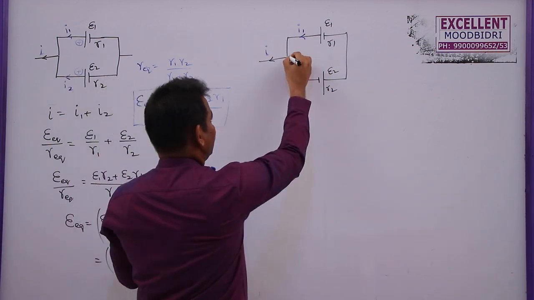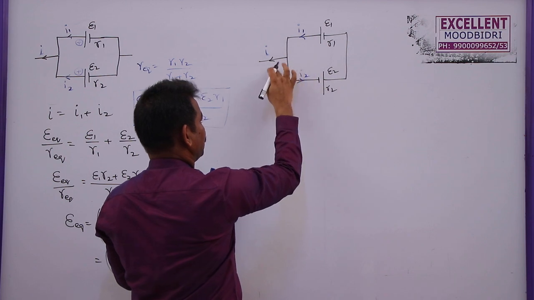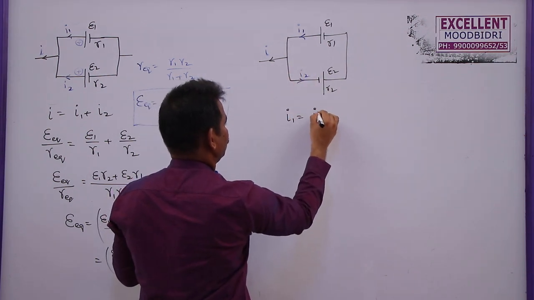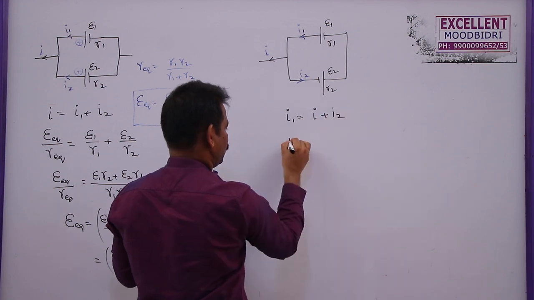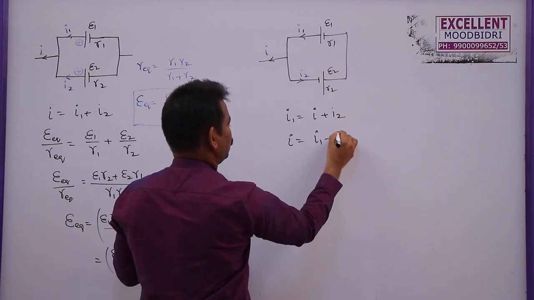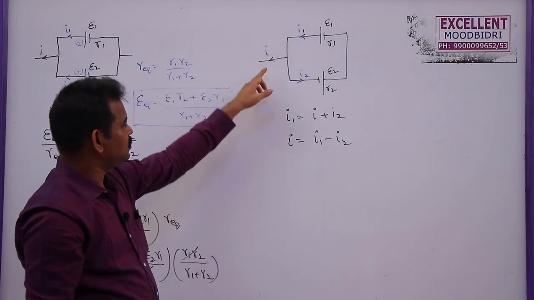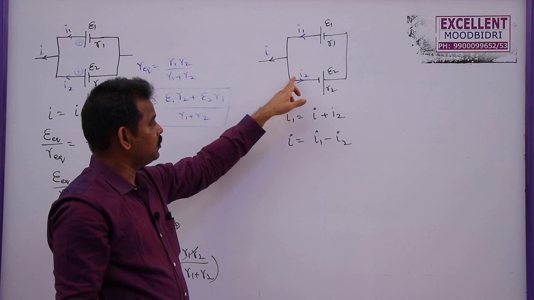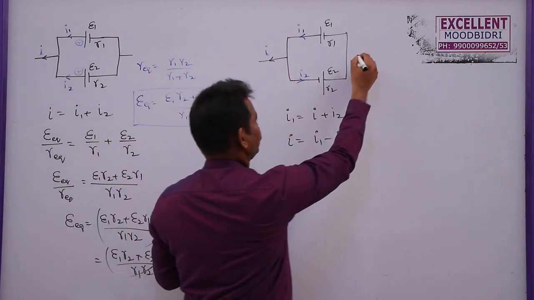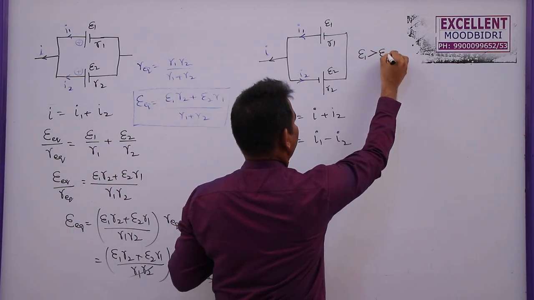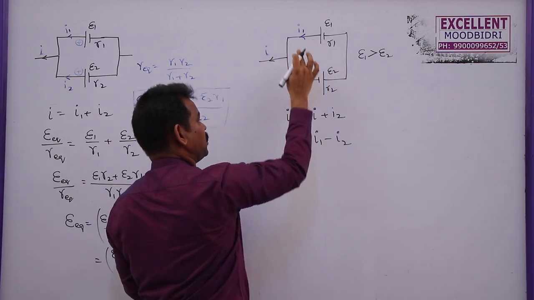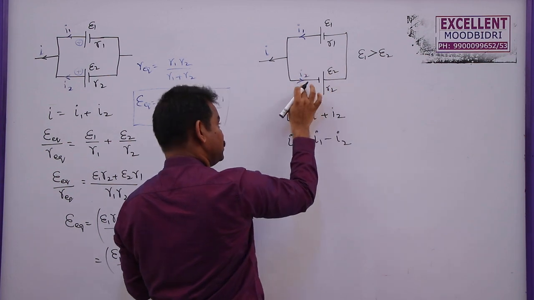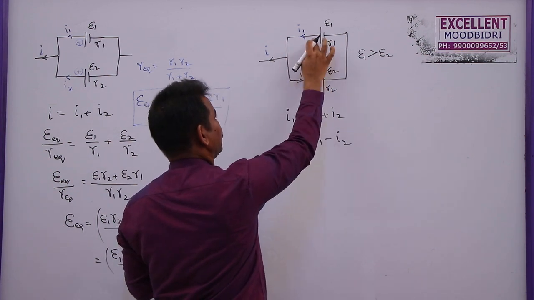The incoming current is I1, the outgoing currents are I and I2. So I1 is equal to I plus I2, or I is equal to I1 minus I2. This current is the main current coming from battery E1 minus the current that is entering into this one. Here the condition is E1 greater than E2, then only this current is positive. Suppose E2 is greater than E1, then this will be I2, this is I, this is I1.